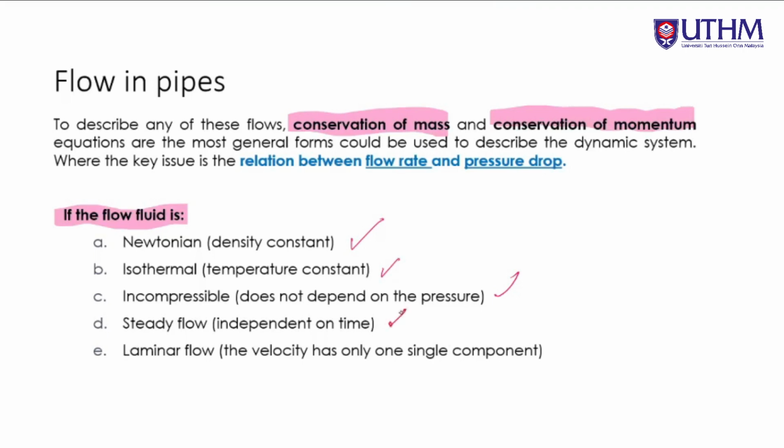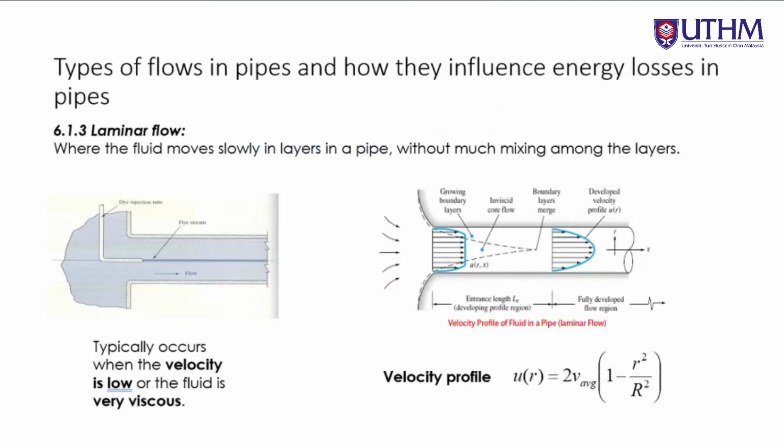And then the flow is considered a steady flow independent of time, and it is also a laminar flow in which the velocity has only one single component. Okay, and for last one ni actually kita akan consider both if let's say the flow is laminar or turbulent as well. Okay, later on kita akan go through few example, don't worry.